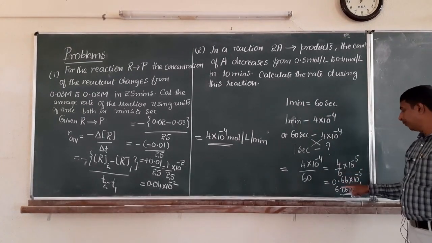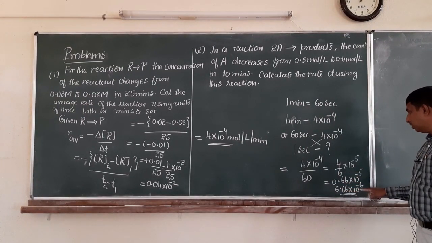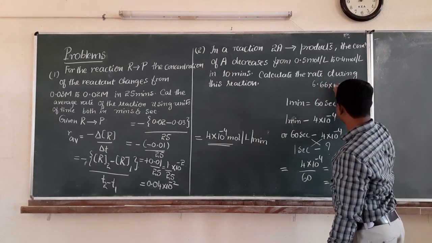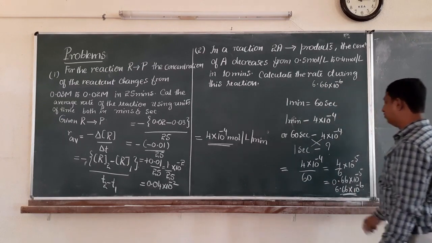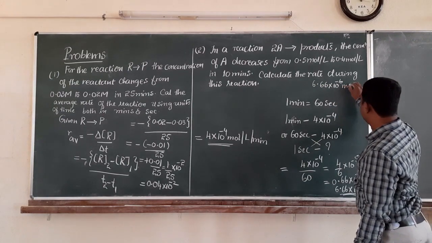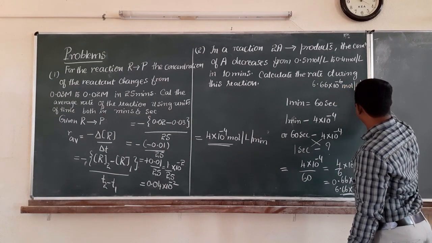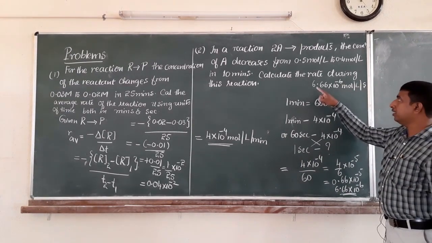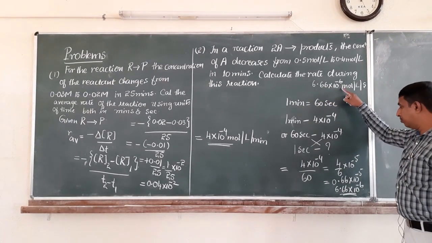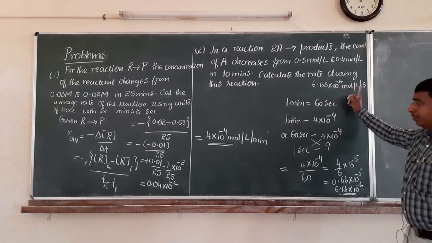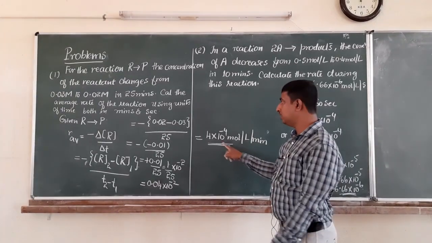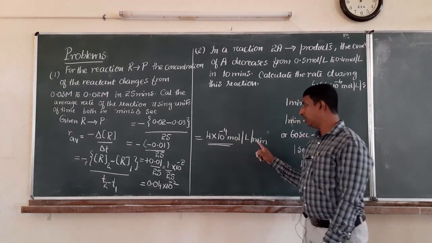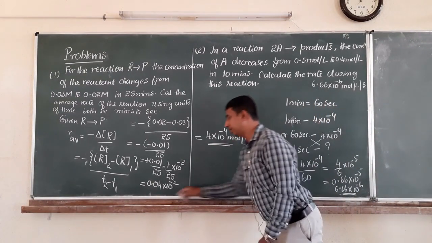It comes out to be 6.66 into 10 to the power minus 6 mole per liter per second. So in terms of second it is 6.66 into 10 to the power minus 6 mole per liter per second. In terms of minute it is 4 into 10 to the power minus 4 mole per liter per minute.